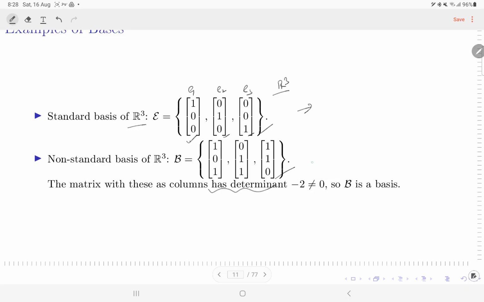One is to find the determinant, or from row echelon form you can find the number of independent vectors, by forming a matrix. See, you can form a matrix (1 0 0), (0 1 0), (1 1 0). If the determinant is non-zero, then they are linearly independent. And if it is given how many are linearly independent or dependent, from there you can use row echelon form, as you know from basic linear algebra.